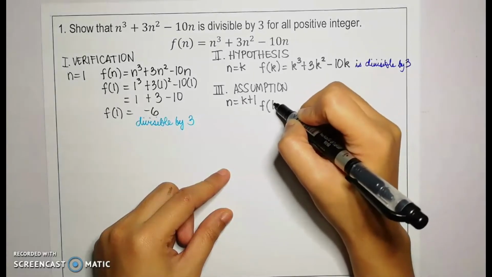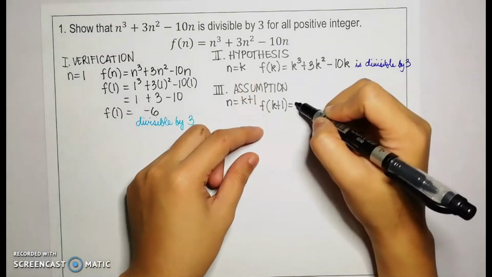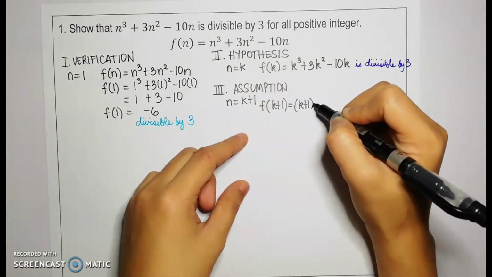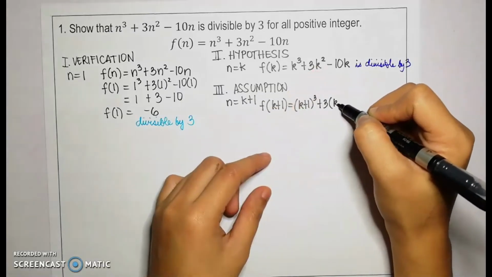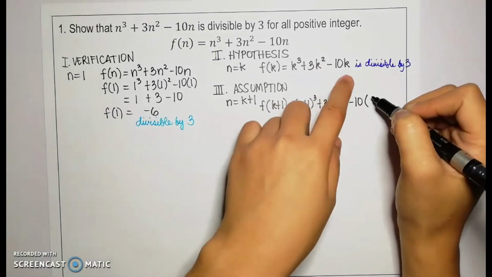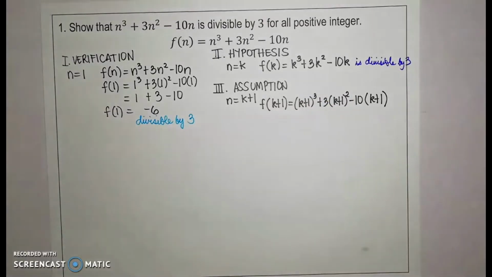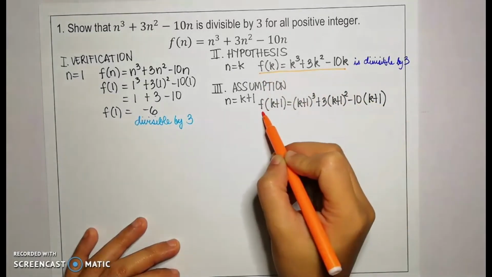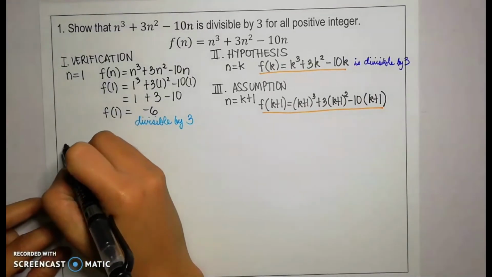So we have f of k plus 1 equals, let's enclose it with parentheses, the cube of k plus 1 plus 3 times the square of k plus 1 minus 10 times the binomial k plus 1. So that is for the assumption. We will need these values for our next step, which is proving.